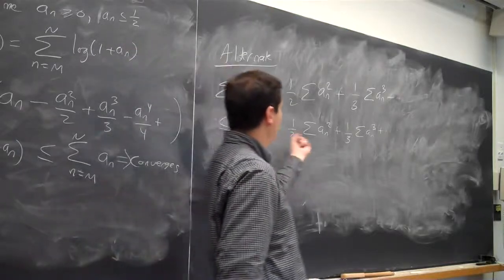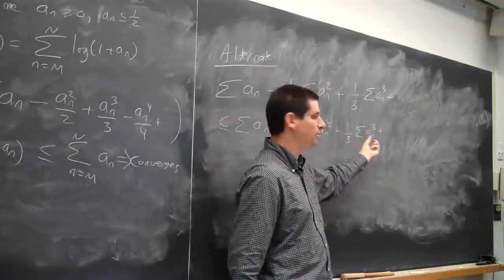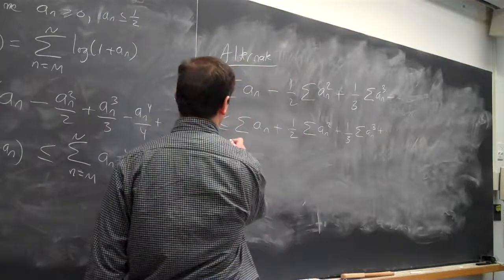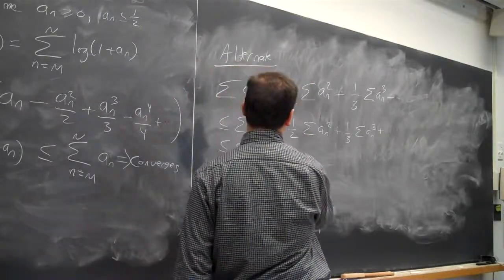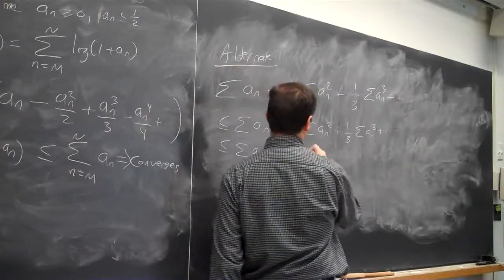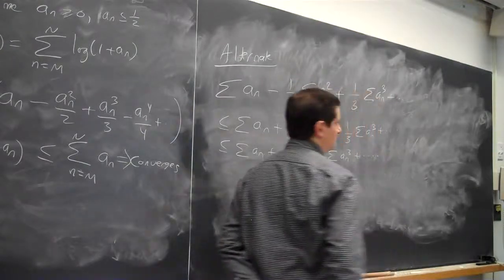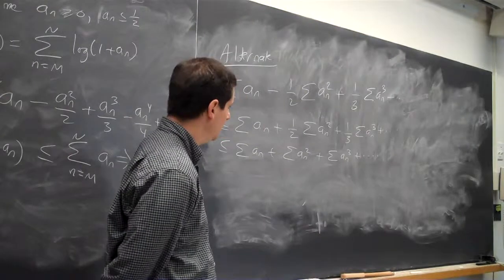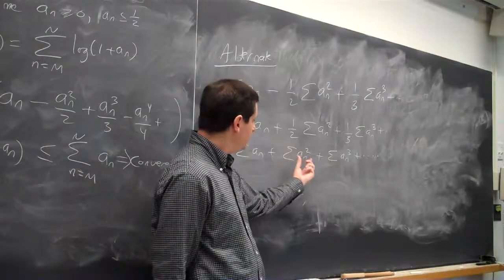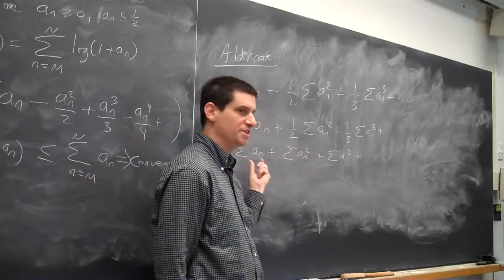And in fact, I don't even need the decays from the 1/2, 1/3, etc. I can say this is just less than or equal to the sum of AN plus the sum of AN squared plus the sum of AN cubed plus dot dot dot. Do you know anything about the sum of AN squared relative to the sum of AN?